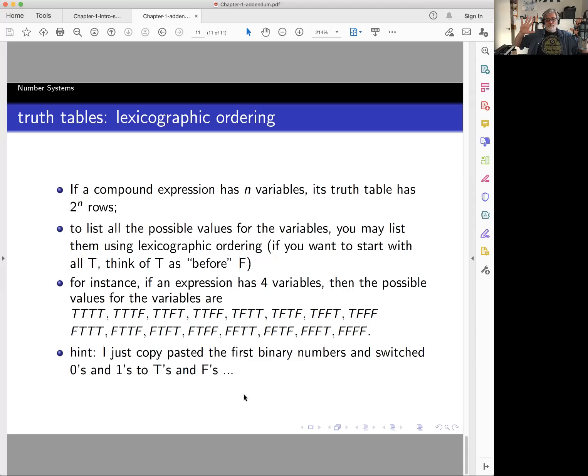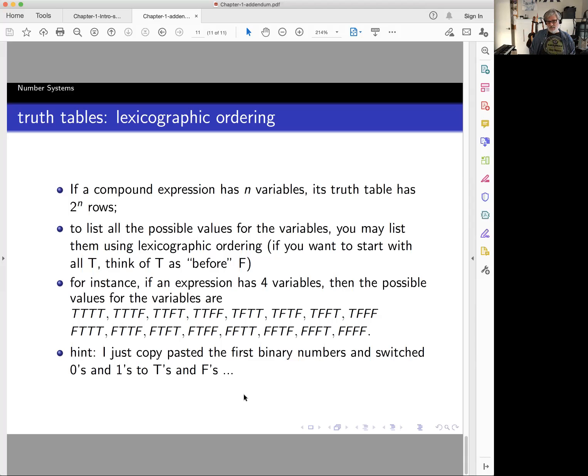And so, how do you list all possibilities? All my examples had 2 variables, so we had 4 cases, that was easy. But just to make sure that everybody could do it for 8 or 16, this is the way that you could do it, okay? If you list all possibilities for the values of your variables, let's say you have 4 variables, then I've listed here all the possible different values for all the 4 variables.